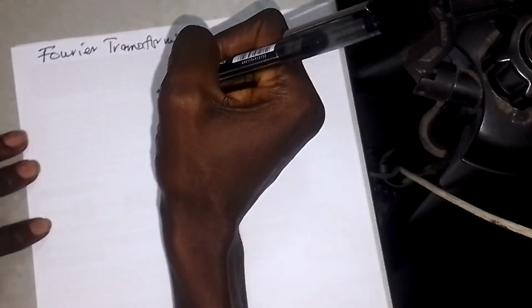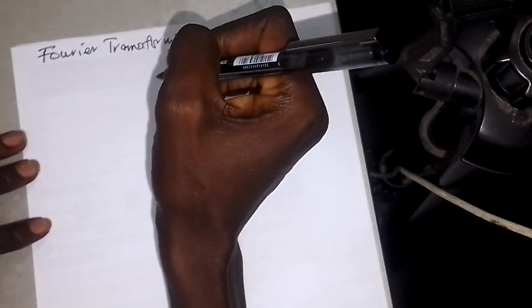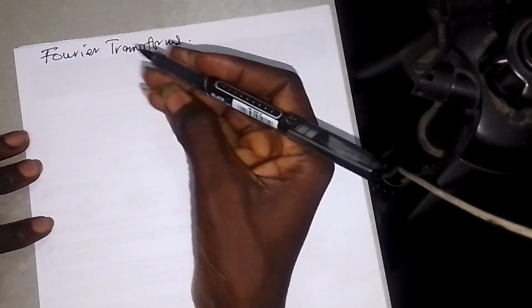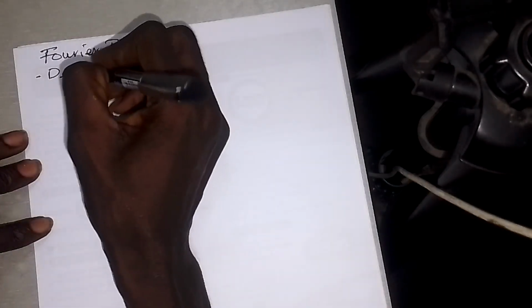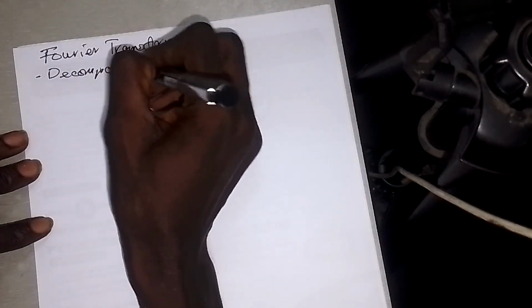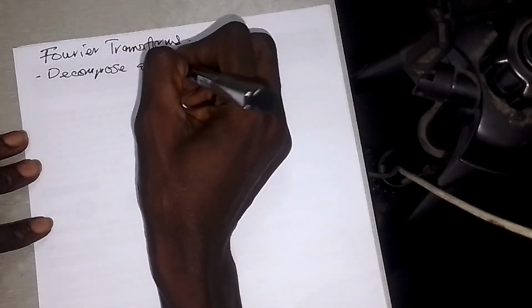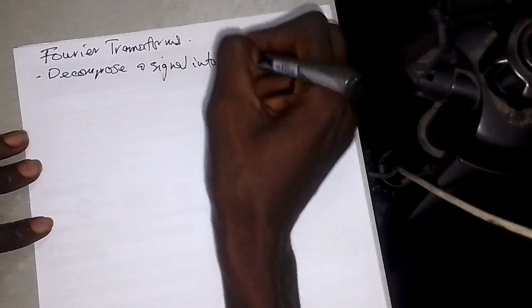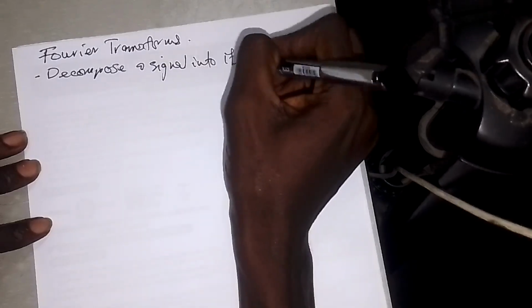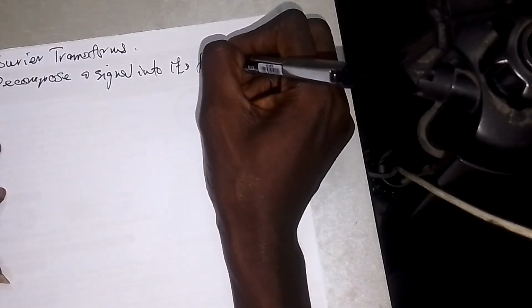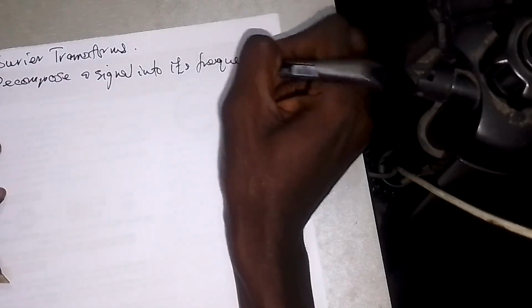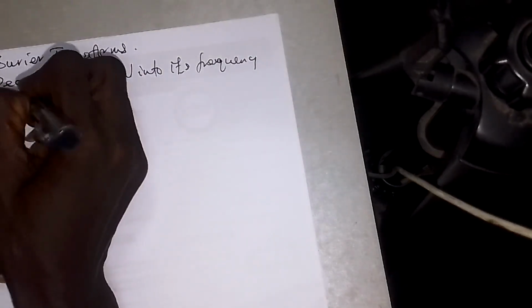So Fourier transform is a mathematical tool that is used to decompose a function, often a signal, into its various frequencies. It decomposes a signal into its frequency components.